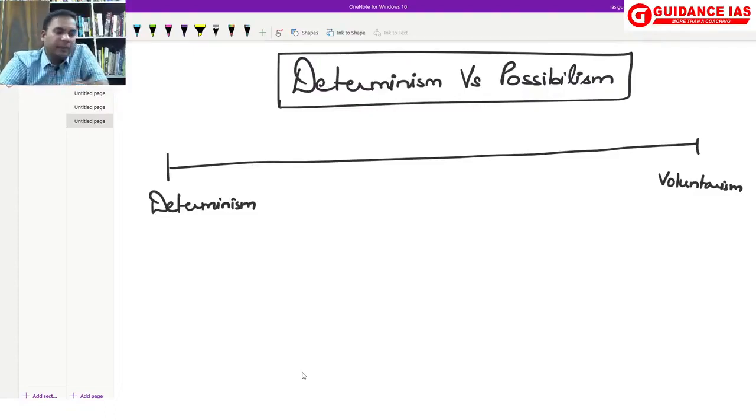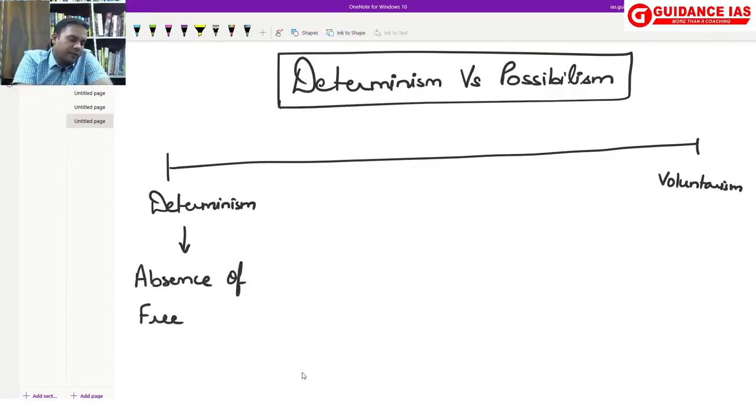Okay, coming back to this determinism and possibilism. So as we have seen, determinism is essentially what? Determinism is, in simple terms, I would say, absence of free will. Absence of free will. ठीक है?